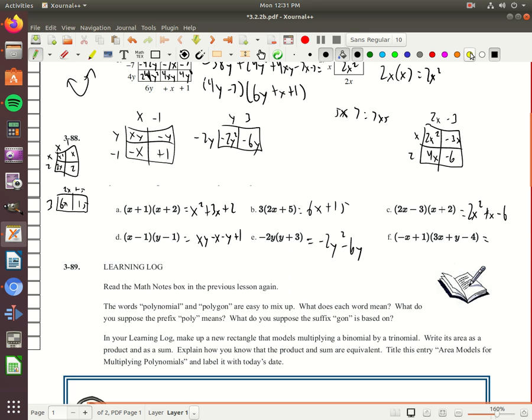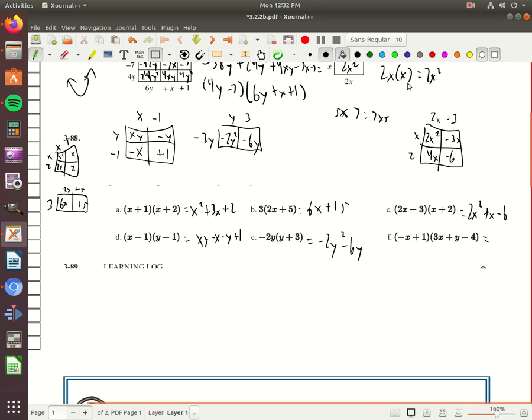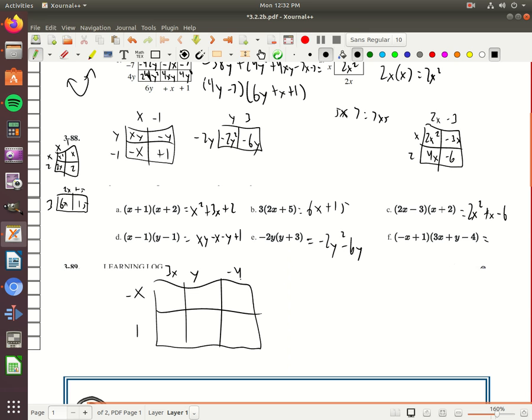So I will give myself a little bit more room here and do the binomial times the trinomial. And I will get negative x plus 1 times 3x times y, I'm sorry, plus y times plus negative 4, so I get negative 3x squared, 3x, negative xy, y, positive 4x, and minus 4.